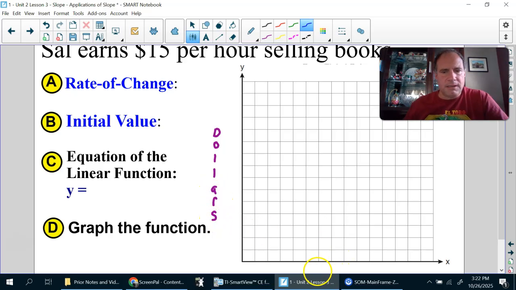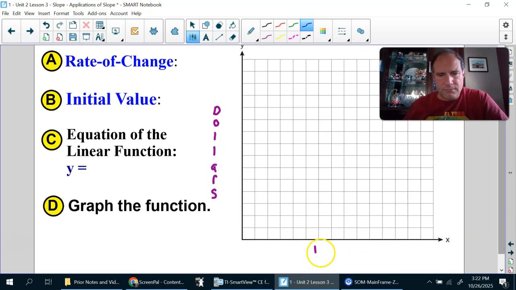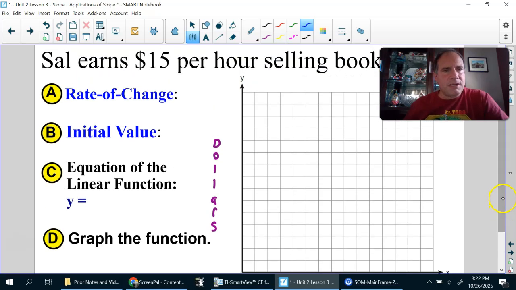And we're talking hours. Move this down. The rate of change is $15 per hour. So we're just going to put 15 over 1. We're going to rise and run.